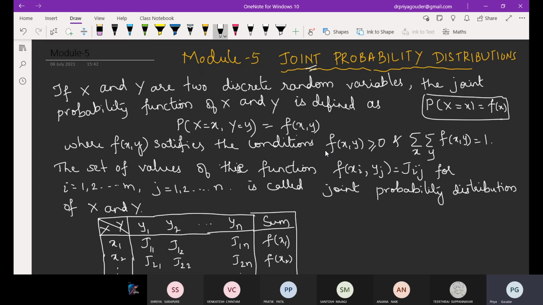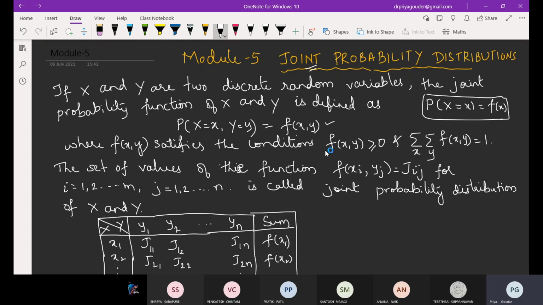So joint probability function is probability of X equal to small x, Y equal to y can be given in some function of x comma y format. Means this function of x and y may be like x square plus y square. It may be cxy. It may be something like x square divided by y square, like that.